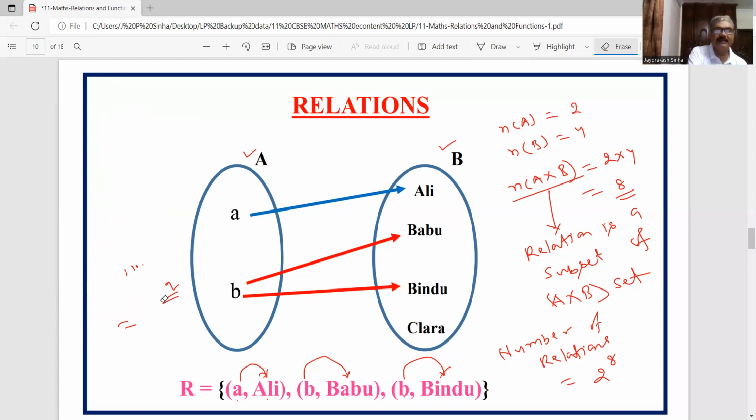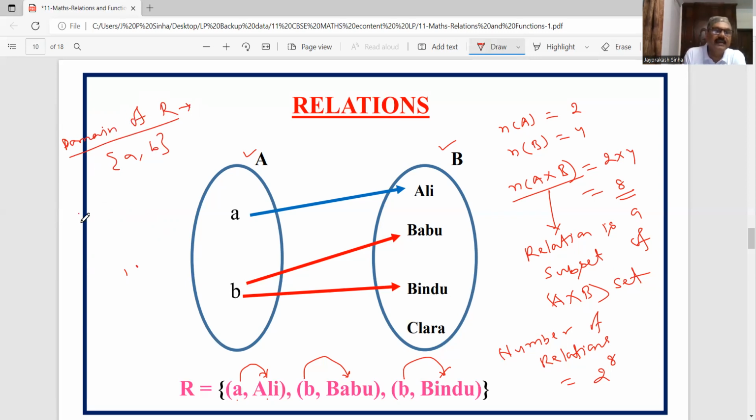So we'll write it here. Okay, so the domain of R will be A and B, because here B is repeated, so we'll not write it 2 times. We'll write it only 1 time.